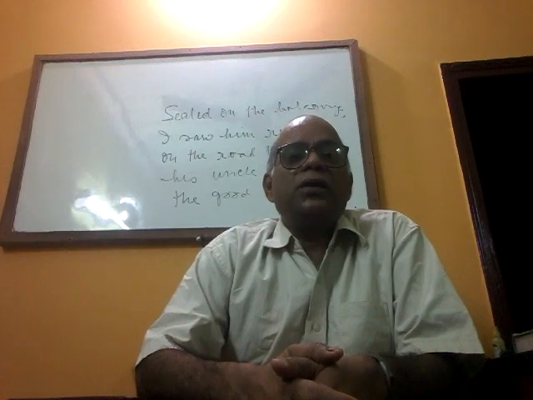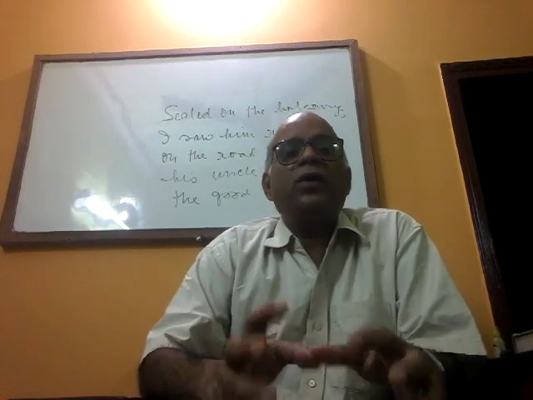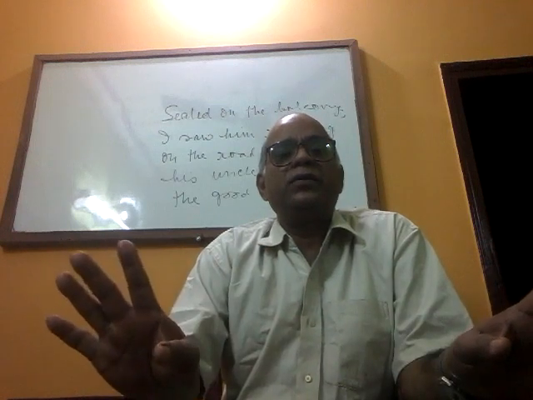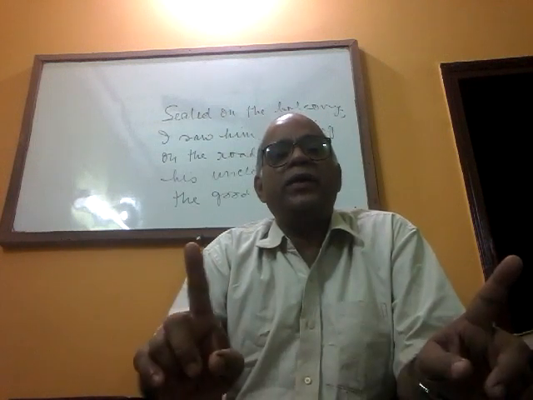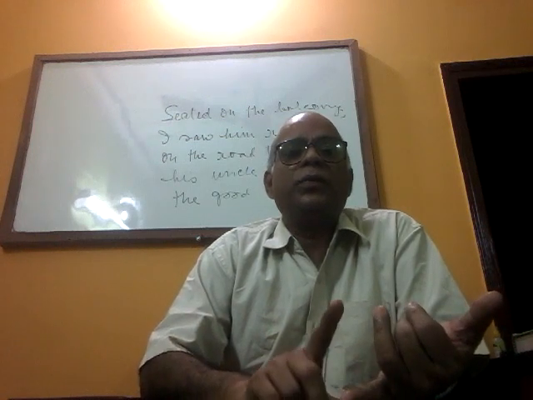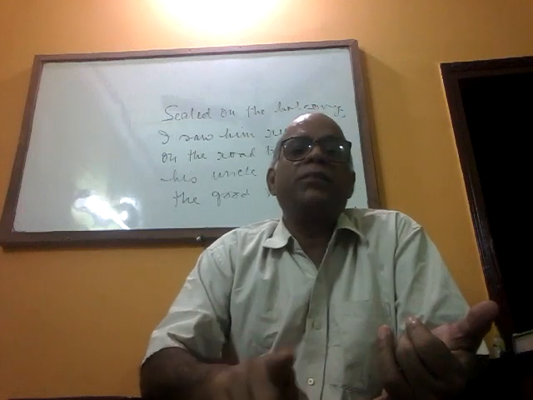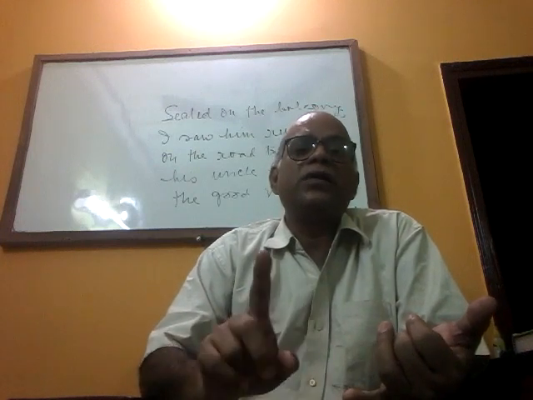Coordinating conjunctions will not be a part of any other clause. Keep it very much in mind that a coordinating conjunction cannot be a part of a clause, but a subordinating conjunction is always a part of the clause that it is associated with.